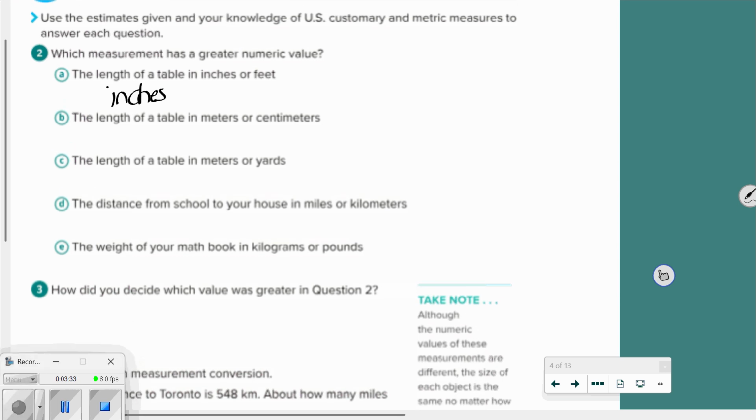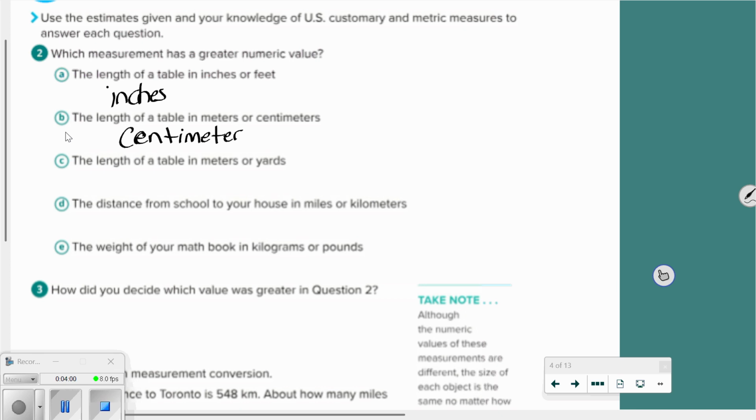All right, let's look at this. The length of a table in meter or centimeters, which one would have a larger number? Which one's smaller, a meter or a centimeter? Centimeters, so it would have a bigger number. There are 100 centimeters in 1 meter, so centimeters are definitely smaller. Yes?